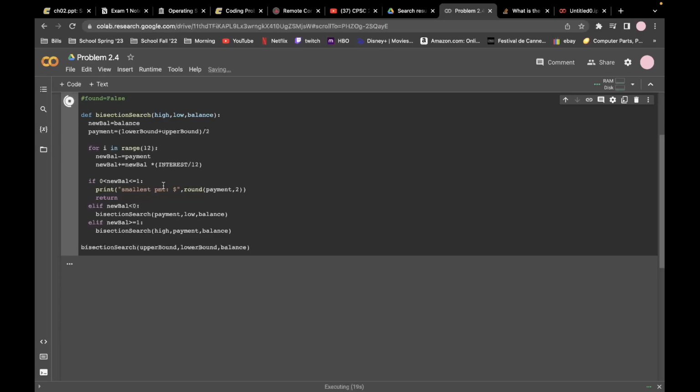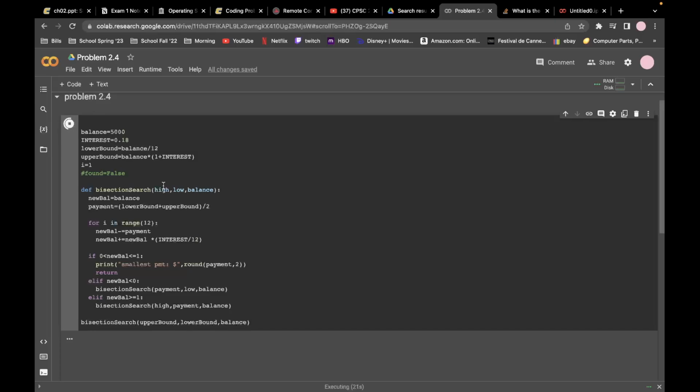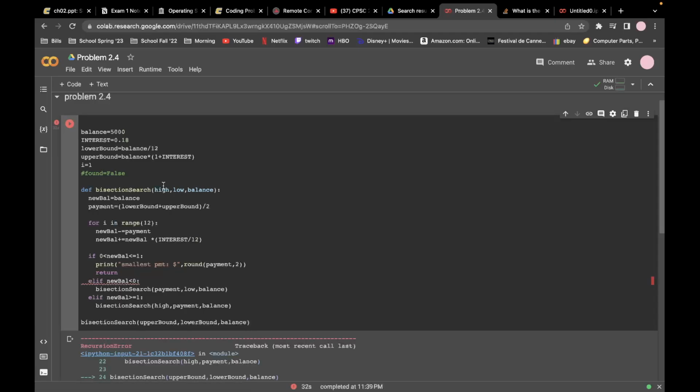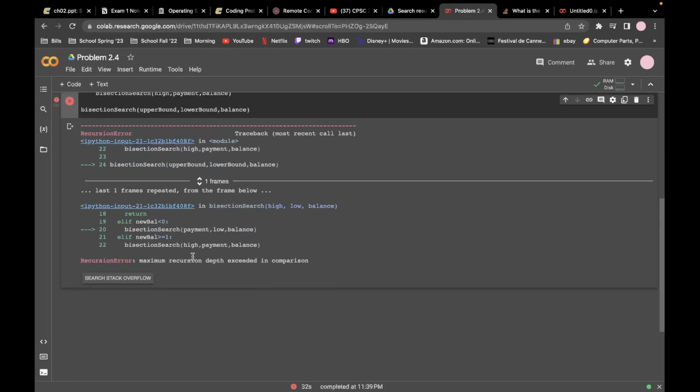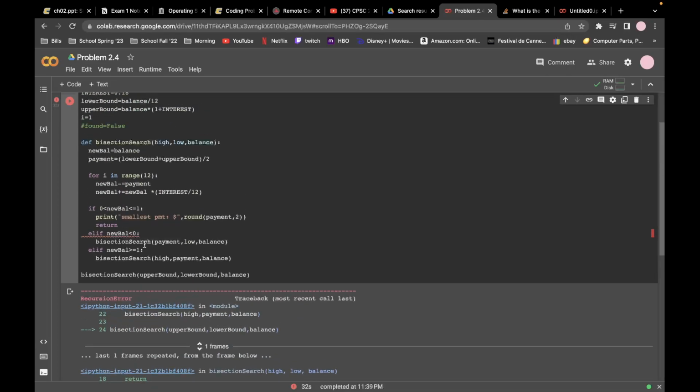I don't know why it's taking so long to compile either. I mean, logically, this code makes sense. Like, I don't know why it's still saying maximum recursion depth. It doesn't make any sense.